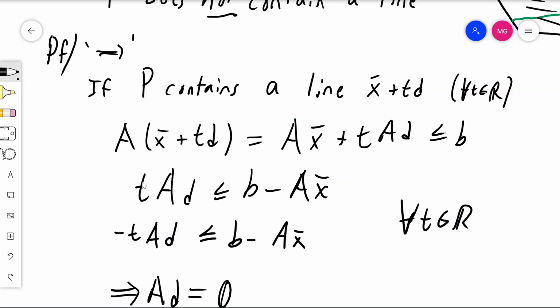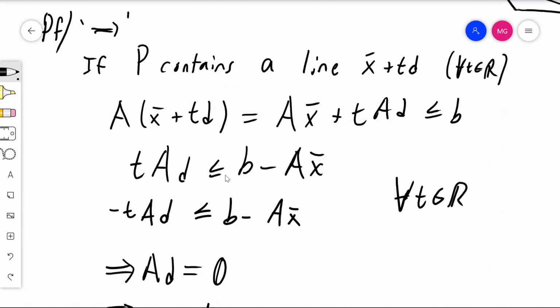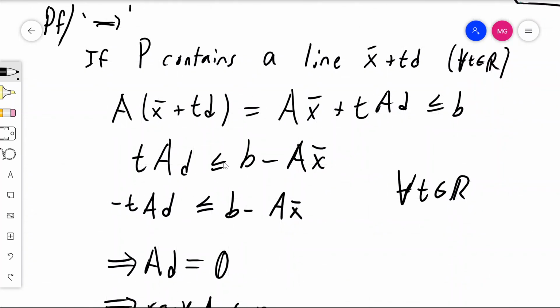But t is a scalar, so we can scale it as large as we want, and so we can grow this left-hand side as high as we want. So this goes to infinity, but this is a finite number on the right-hand side. So how could it be possible that this bound is satisfied in that case? Well, there's only one way to resolve that, because it's a contradiction otherwise, and we haven't assumed anything for a contradiction.